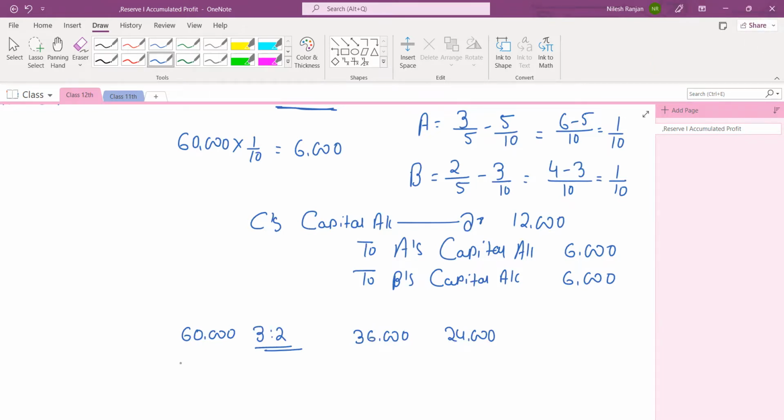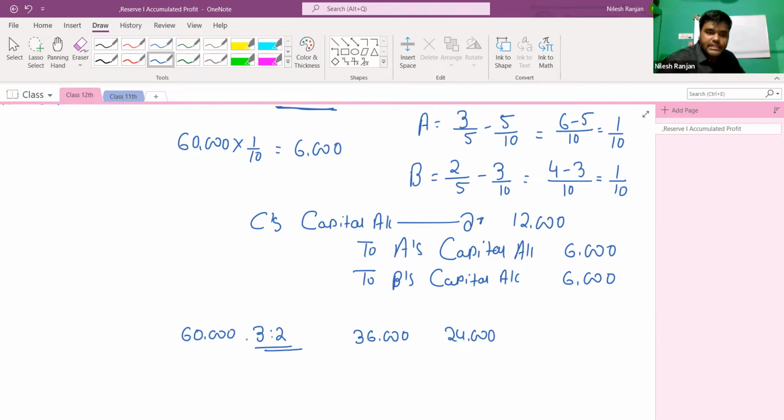Now we don't have to distribute the profit right now because we are not going to close the accounts of general reserve or profit and loss. If we are not closing the accounts right now, then this balance will be carried forward in future, and C will also get a share in this profit.